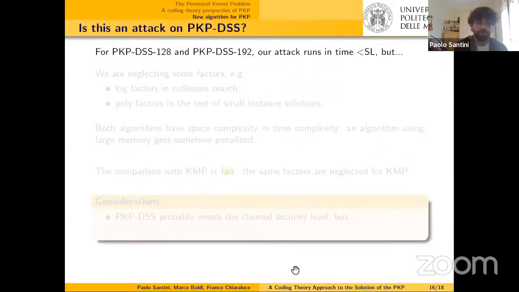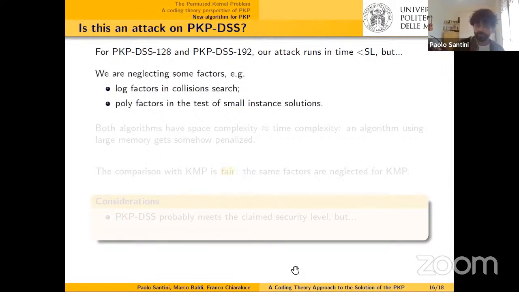Now, I am about to conclude, but first of all, I would like to be very clear on the meaning of our results. Indeed, one may think that this is an attack on PKP DSS. I mean, the improvement is not dramatic, but still, I have presented running times that are below the security level.